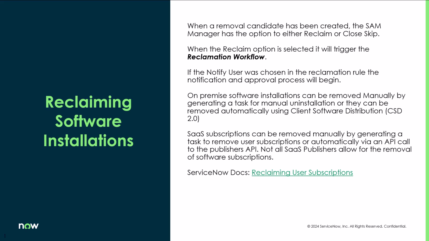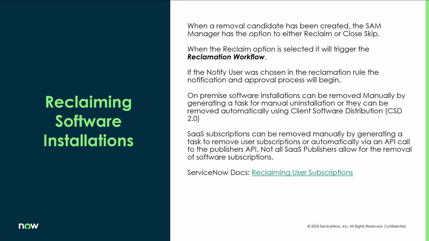For on-premise software installations, those can be removed manually, by generating a task for the teams to manually uninstall that software, or they can be removed automatically. But to remove it automatically, you need to be using client software distribution 2.0. Client software distribution is a separate plugin that needs to be installed and configured to be able to do the removal of software installations.